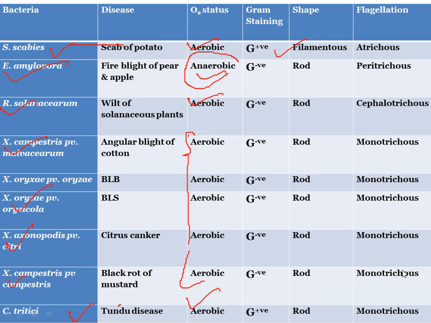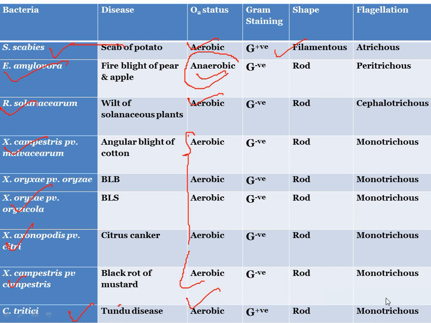Now we talk about the next. In the case of fire blight of pear, the pathogen of this disease is peritrichous in flagellation. It means flagella are distributed over the whole periphery.